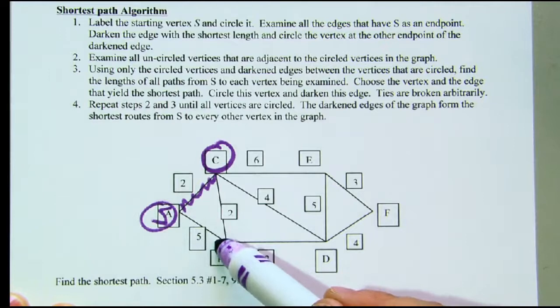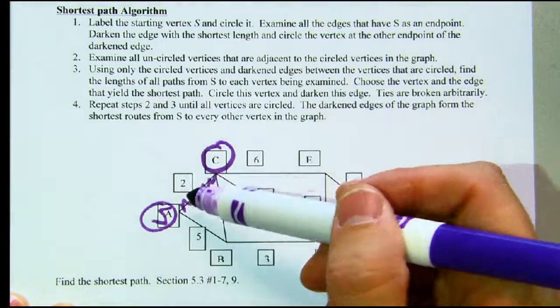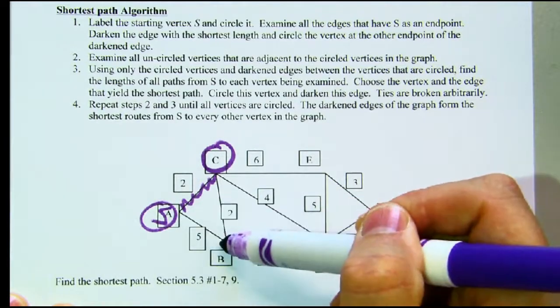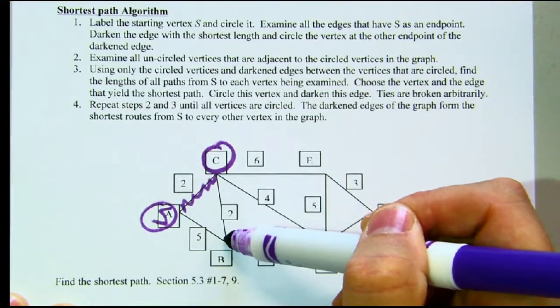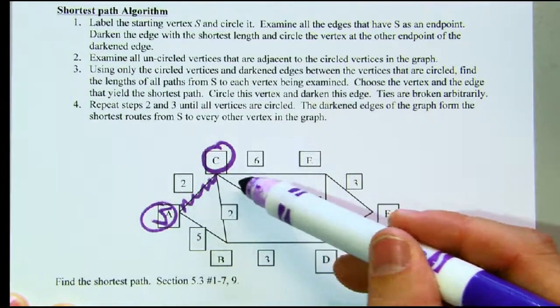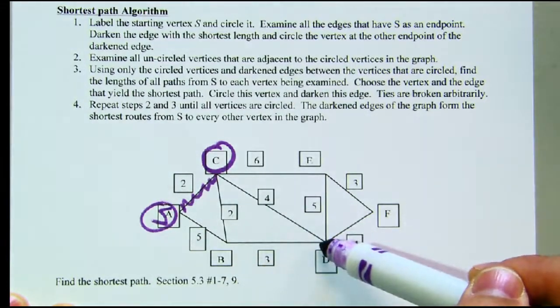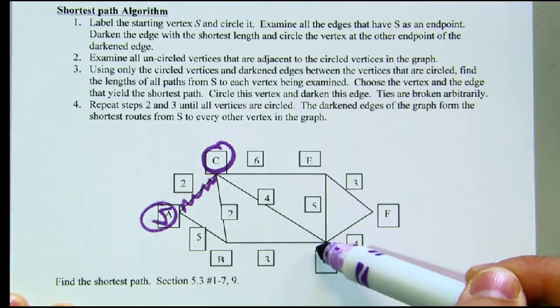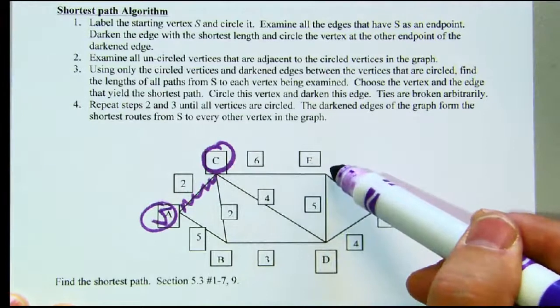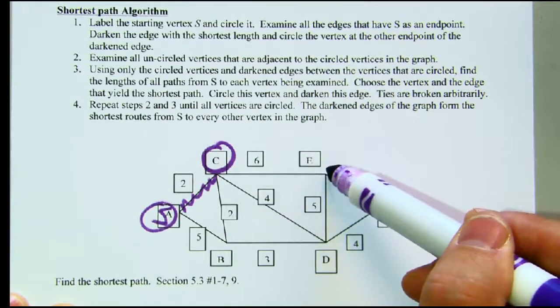I could go here too, but what I want is the shortest path. So if I look at this, this would be a total of 4. This is a total of 5, so the shortest path would be here. Now if I look at this total starting at S and going to D, that would be a 6. 4 is less than 6, and so I'm still working on the B. This one here would be a 6 plus 2, which would be an 8.